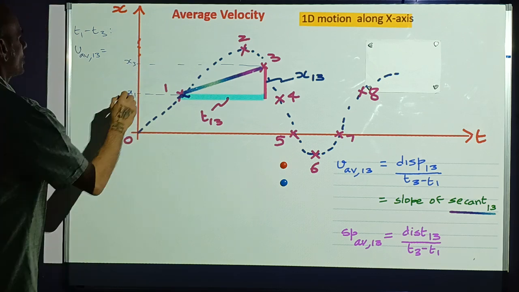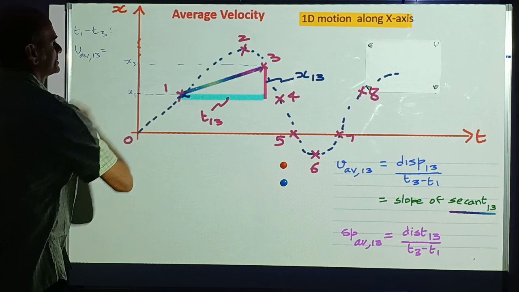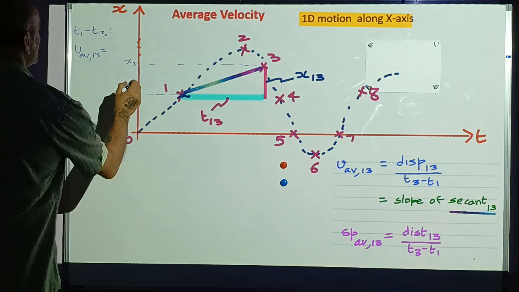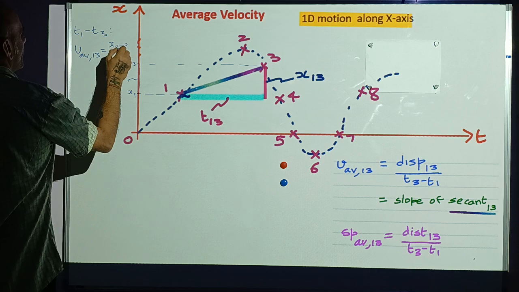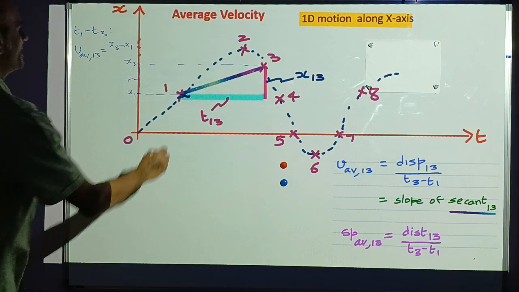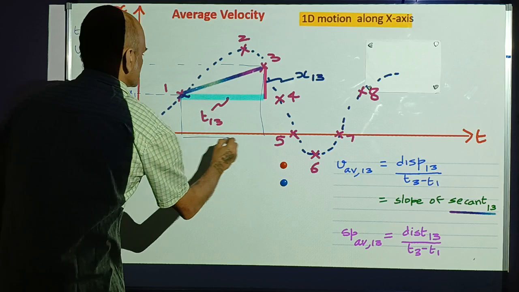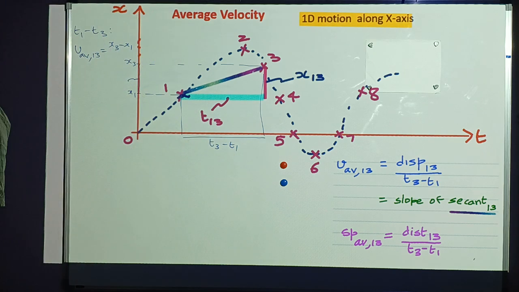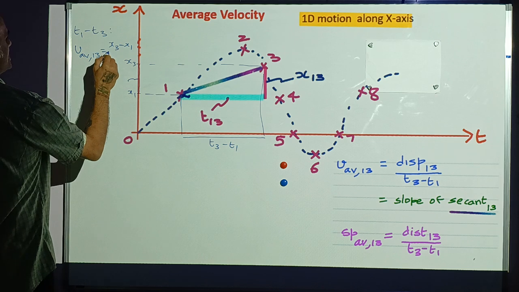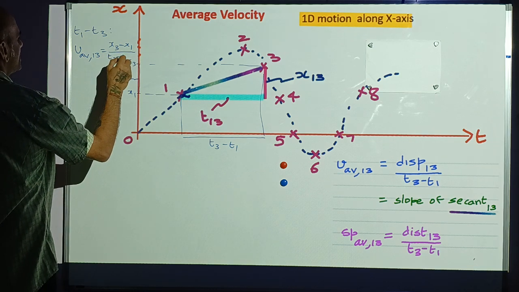So in this time interval it has gone this much. This much is the change in position, which is x3 minus x1. And the time it takes is this much time interval, which is t3 minus t1. So velocity average is change in position divided by the corresponding time interval t3 minus t1.